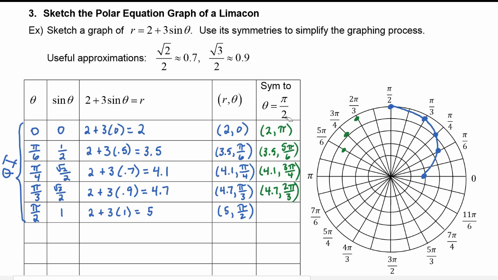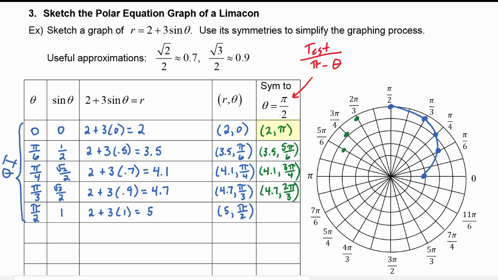Pi minus 0 is pi. Because remember that the symmetry test for theta equals pi over 2 is that we plug in pi minus theta. That's the test. And so that's how the angles will be related to each other. Every angle here will just be pi minus this angle.